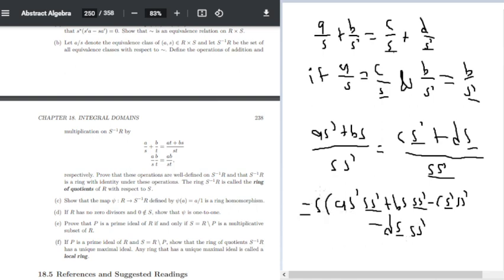There exists an S delta such that that is equal to 0.